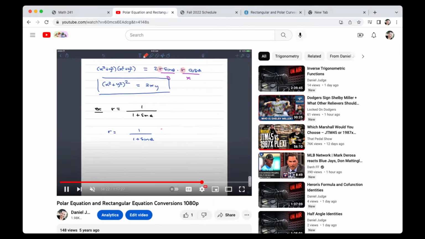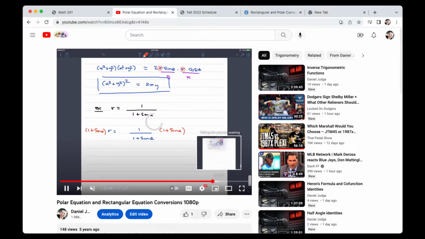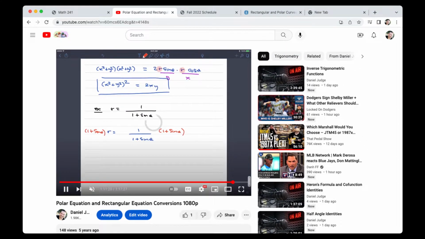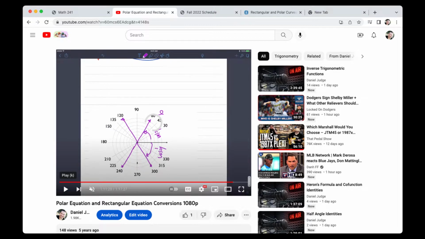And what does R equals 1 over 1 plus sine theta become? So there is more you guys can look at if you want to see that. So I recommend that. I already did some of these things here.